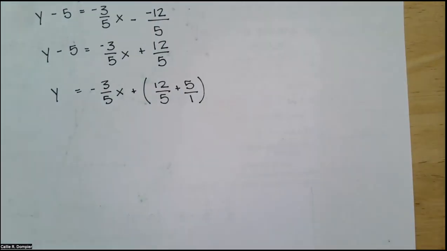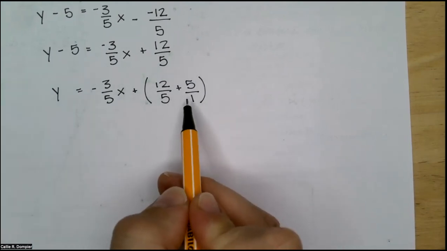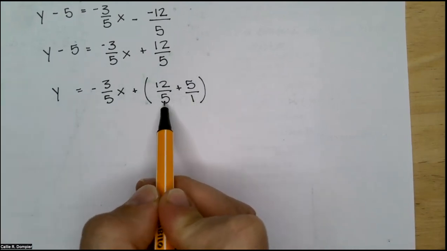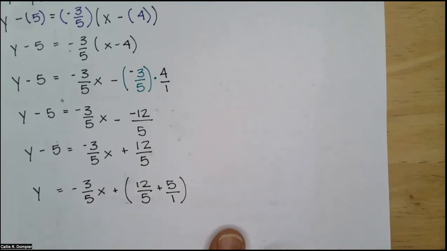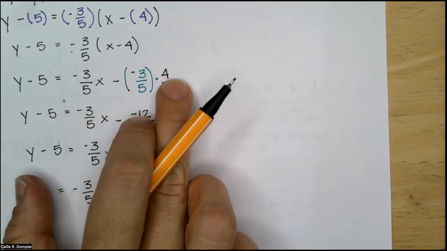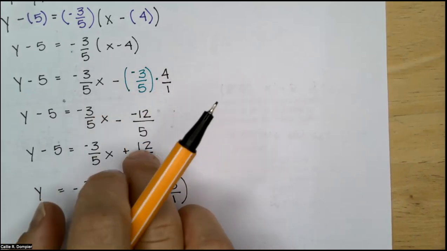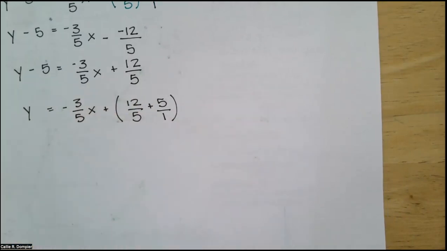If I was going to turn 5 into a fraction, it would be 5 over 1. Now I need these to have like denominators so that I can add them together, right? Because when we multiply, they don't need to have like denominators. We just multiply straight across and we get negative 3 times 4 is negative 12. 5 times 1 is 5. However, if we're adding them, we need like denominators.